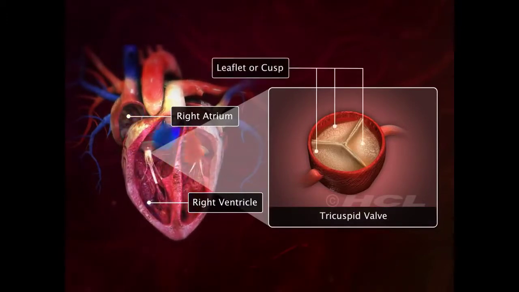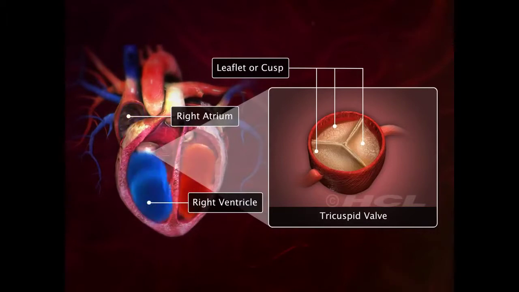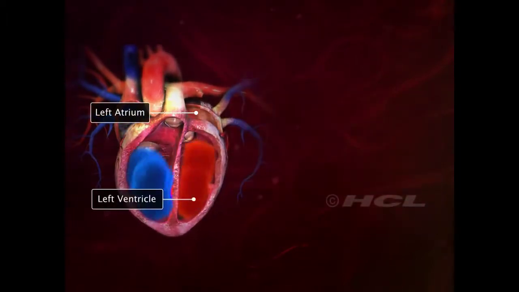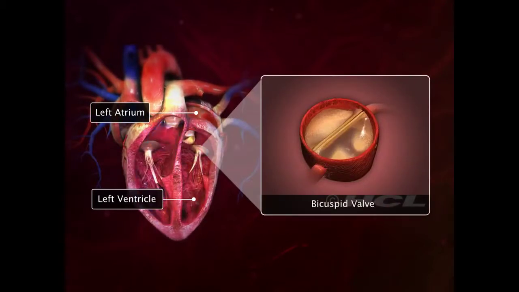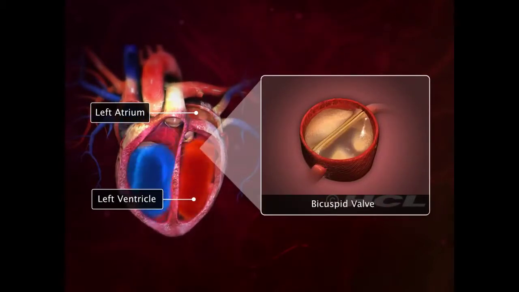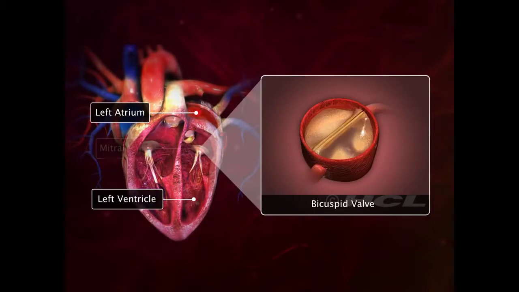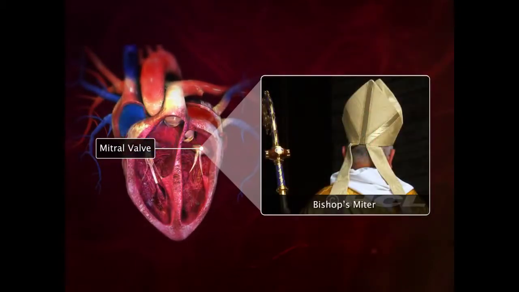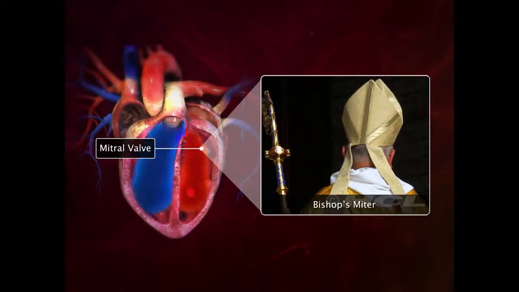As the name suggests, it has 3 leaflets or cusps. On the other side, the left atrium and ventricle are connected through a bicuspid valve. The bicuspid valve is also called the mitral valve because of its resemblance to a bishop's 2-sided mitre or hat.